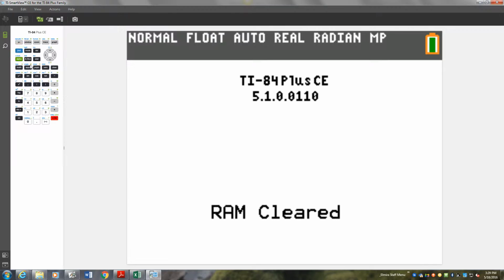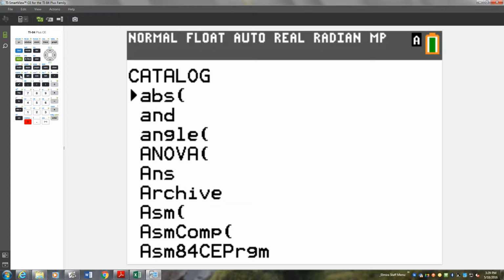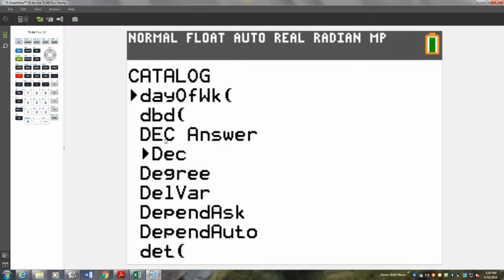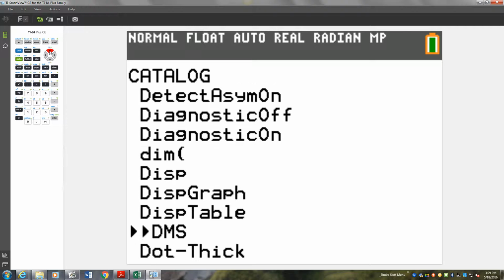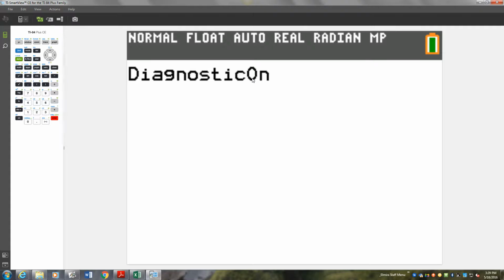That is second, catalog, alpha, D, to get down to the D's. You could just scroll, but it's easier to go alpha, D. Turn Diagnostics on, enter. But remember, you have to hit enter again till it says done.